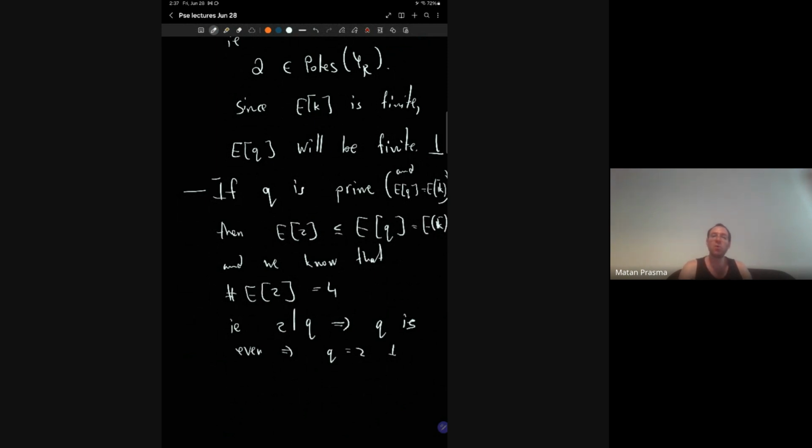Okay, so hence, actually, now I think I can see how to fix the proof. So we proved that EQ is not the whole of E.